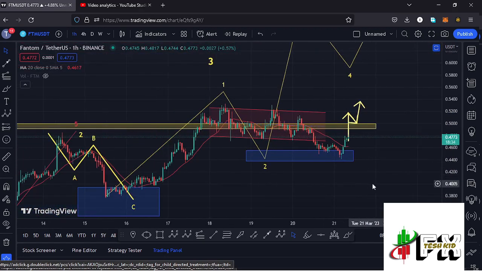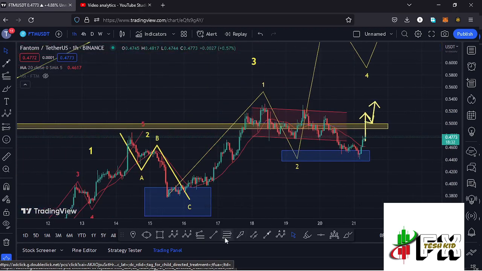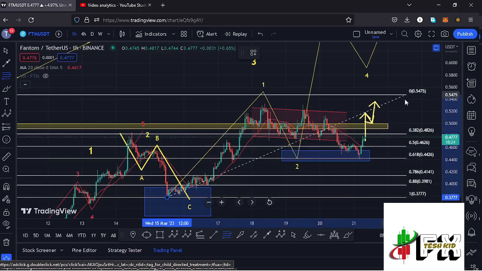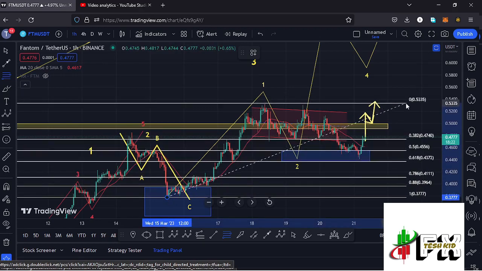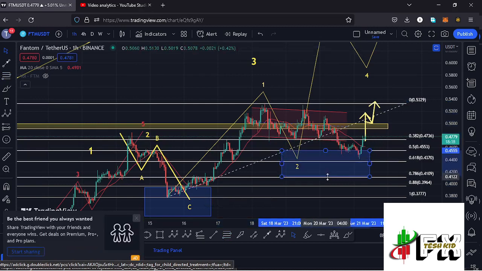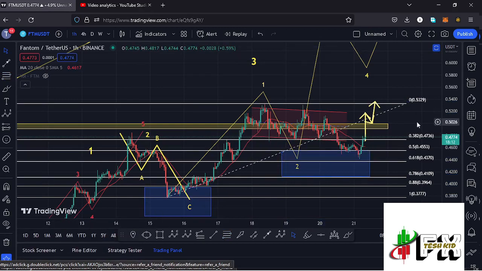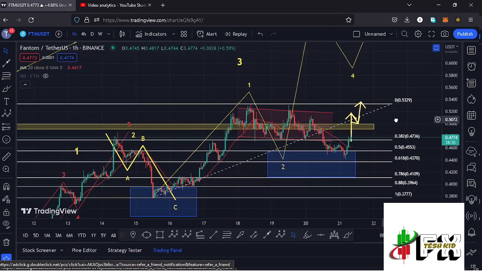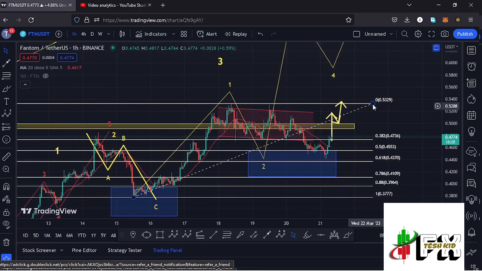And in case such a move plays out, then I'll have to extend my target area back to the fib level 0.78, and to do that I just need to connect the fibs once more from the low of the first wave to the high of that wave 1, and then extend my target area back to the fib level 0.78, which lies at around the $0.4109 mark, and that is the maximum that I'll be expecting Fantom to do in case the breakdown continues.